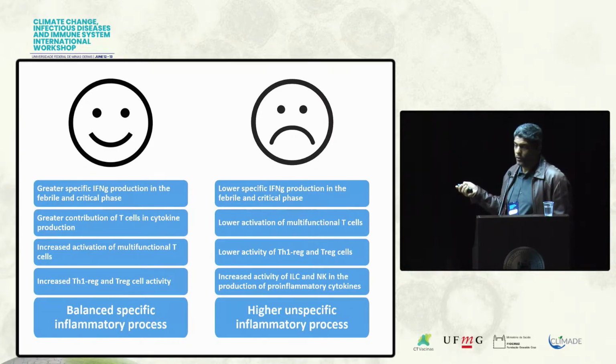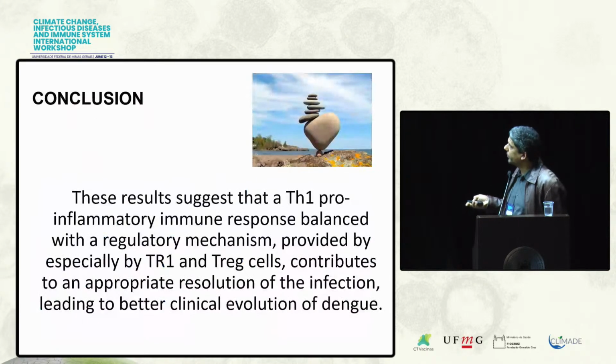Now, if you get dengue, you don't want to have lower specific interferon gamma production, or interferon gamma coming mainly from the innate immunity, lower activation of multifunctional T cells, lower activity of Th1 reg or Tregs, and increased activity of ILCs and NK, which means a higher unspecific inflammatory process.